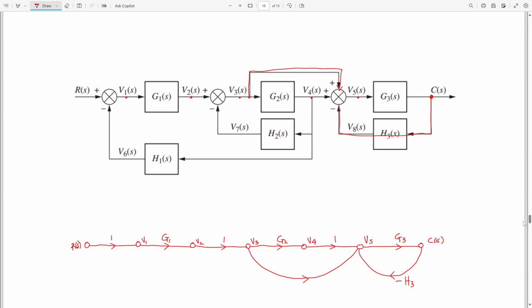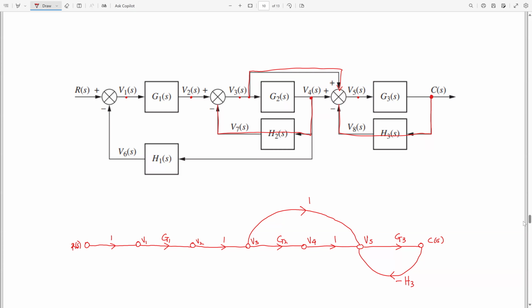Then I get, oh, wait, let me not confuse you. Okay, from V3, it's above. So from V5, then I get plus 1. Okay. And then from here to here.